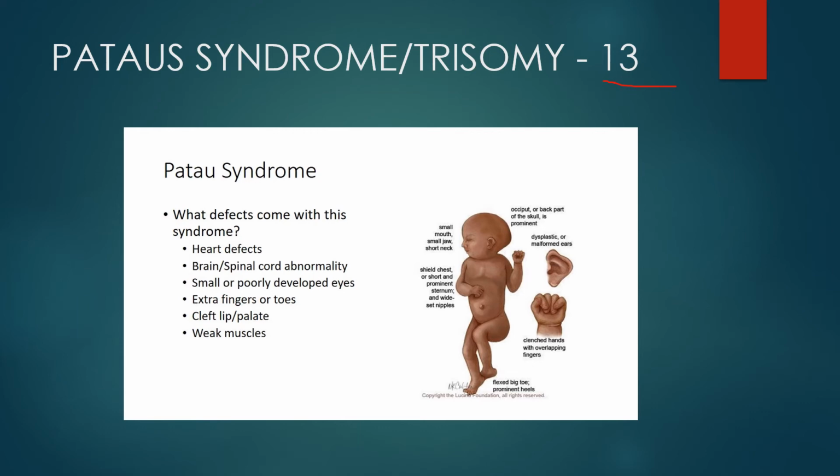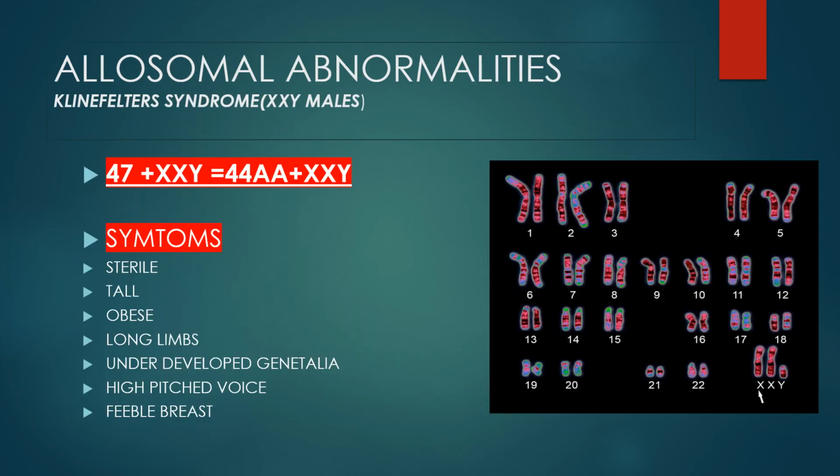Some of the symptoms of this syndrome are heart defects, brain and spinal cord abnormalities, poorly developed eyes, extra fingers or toes, a cleft lip or cleft palate, and weak muscles. You can see the internal organs won't develop well. These are the common symptoms of Patau syndrome.